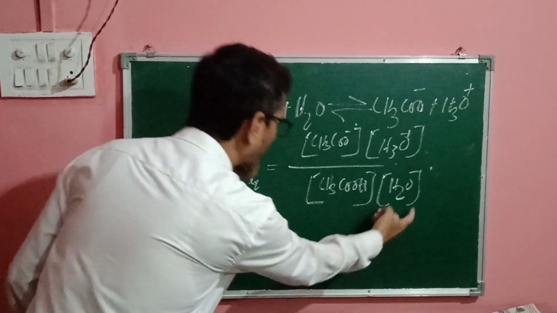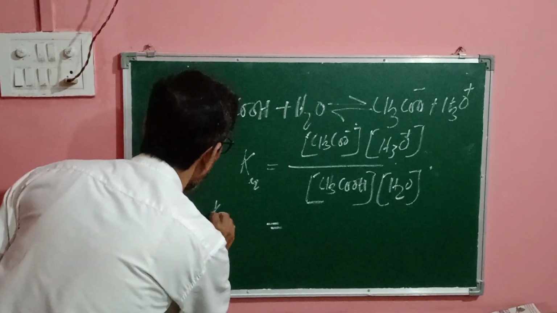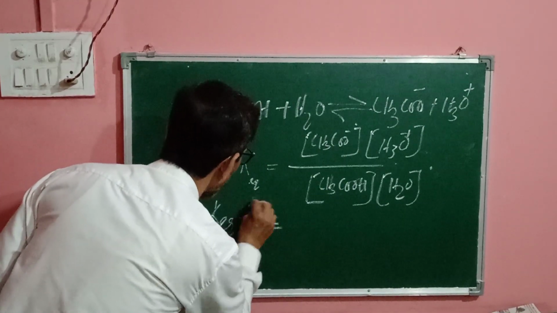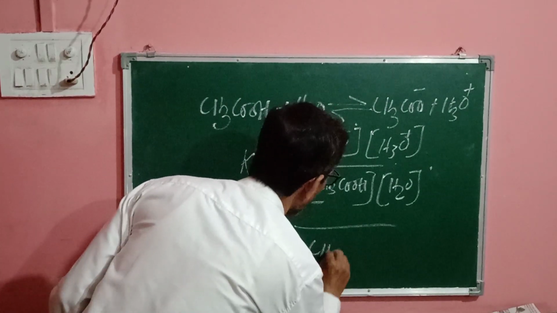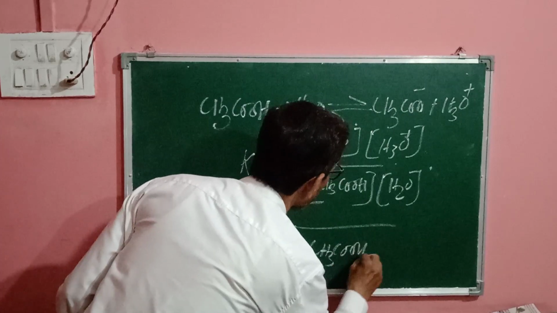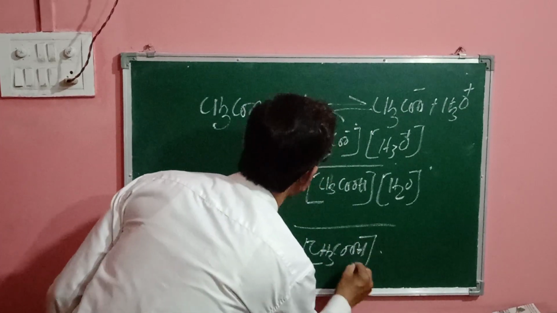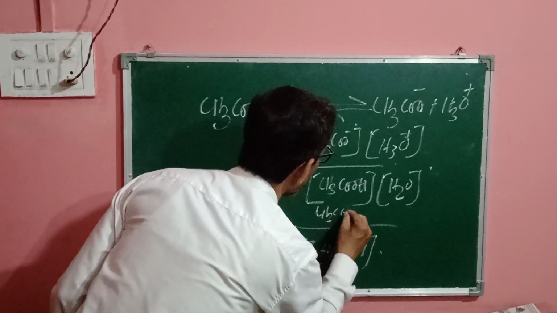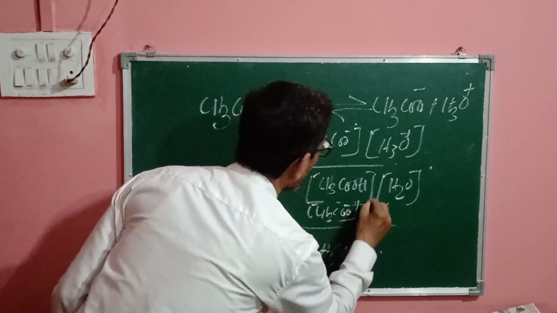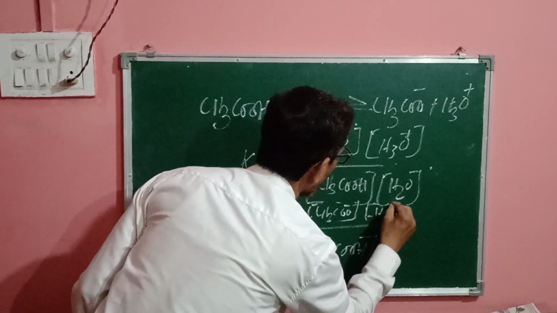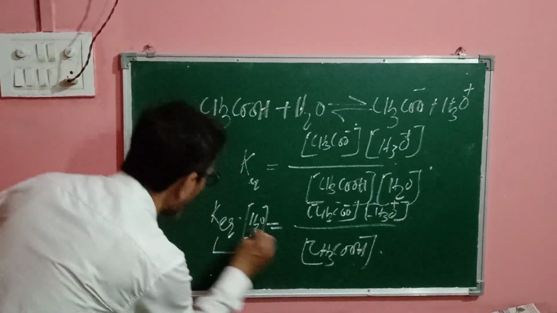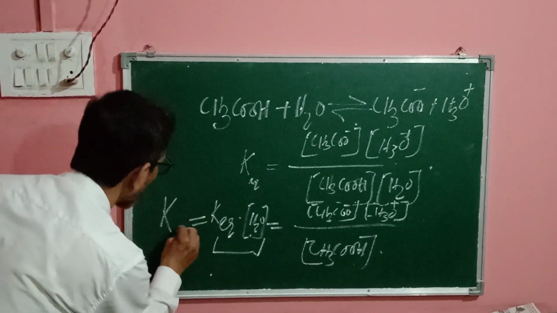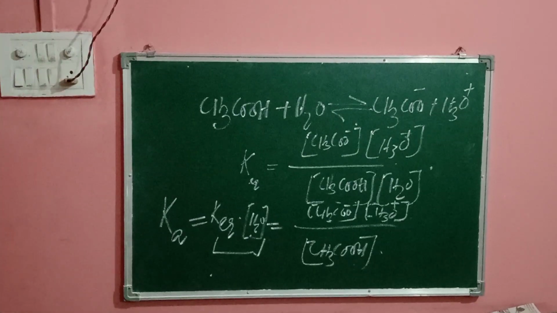Then that water is constant, you bring it here, K equilibrium into concentration of water, so you are getting CH3COOH and CH3COO negative, H3O positive, and that combined gives you the dissociation constant of acid.